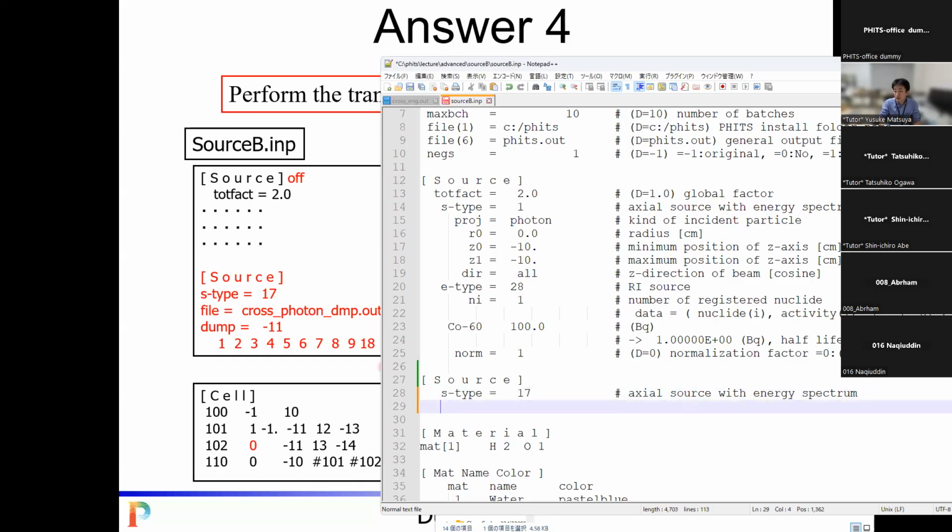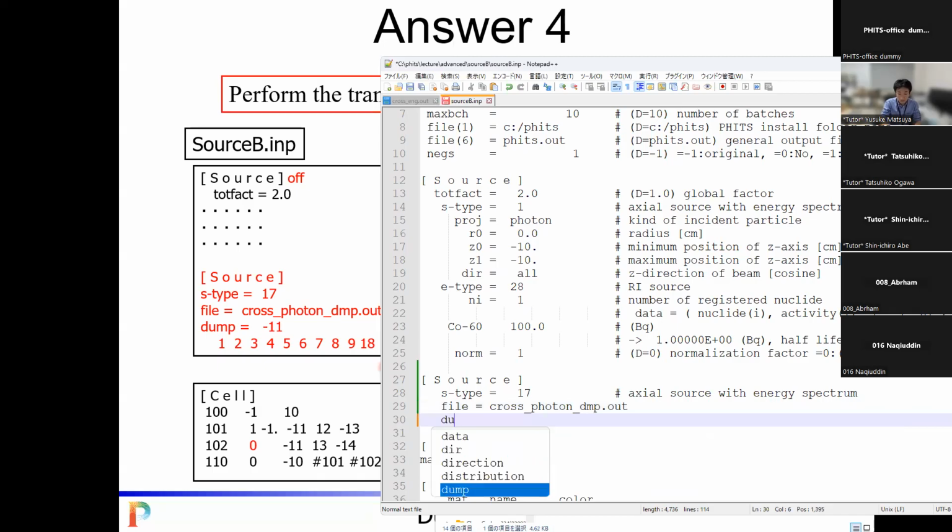And after that, write down file equals cross_photon_dump.out and dump equals -11.